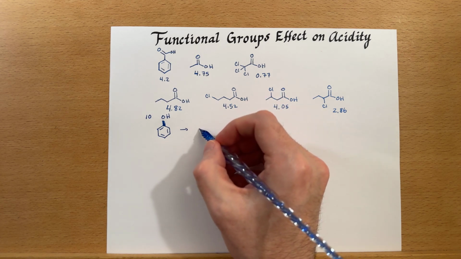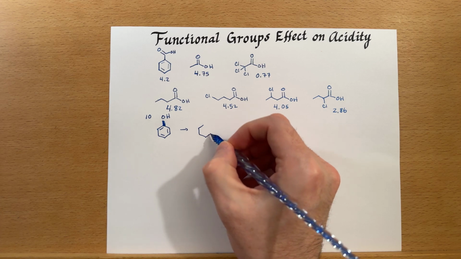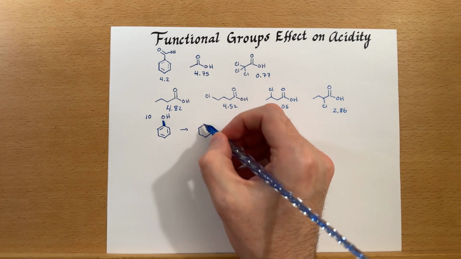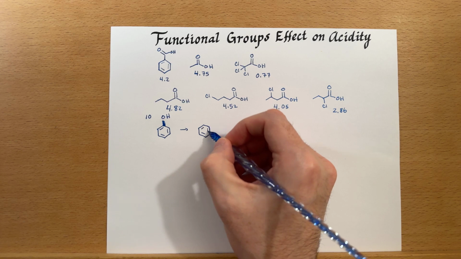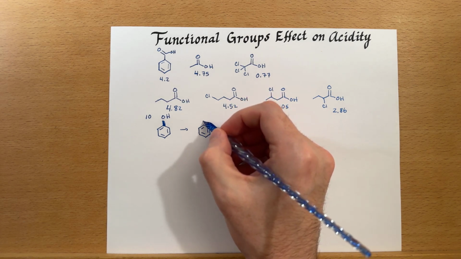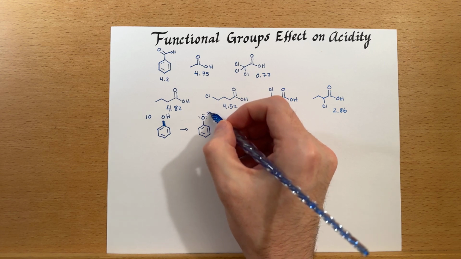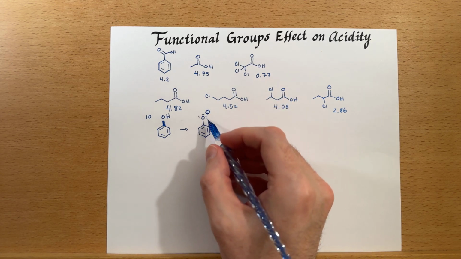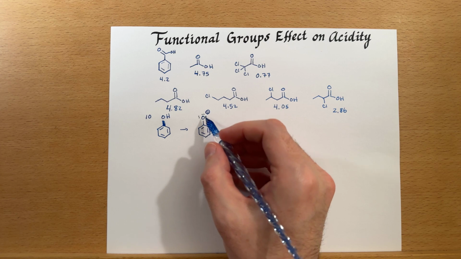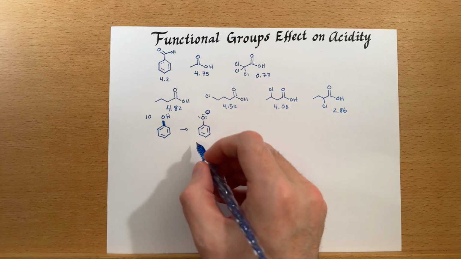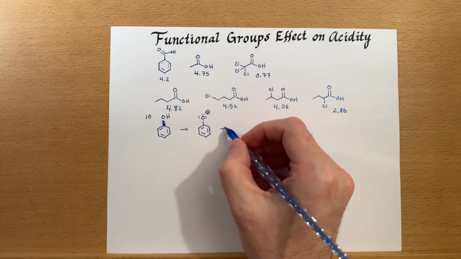And if we deprotonate it, we can see some of the effects through the resonance stabilization. So we can start off with a negative charge there, but we can move the negative charge around the ring a little bit.